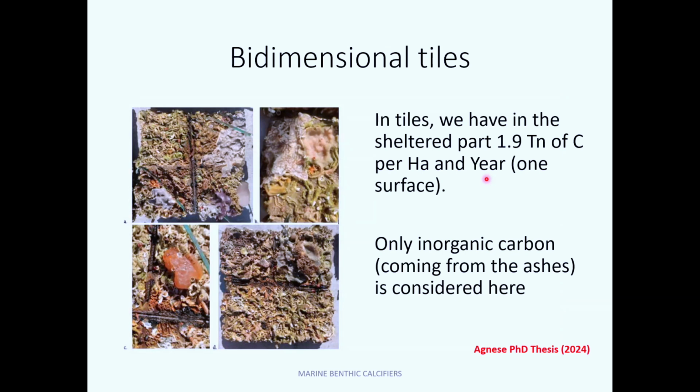Basically, most of what you find here are polychaetes, which accumulate calcium carbonate to shelter the delicate organism that is inside the worm. And also there are many other organisms here.